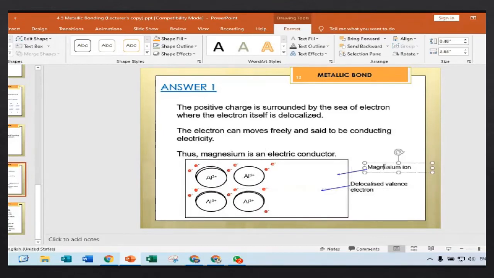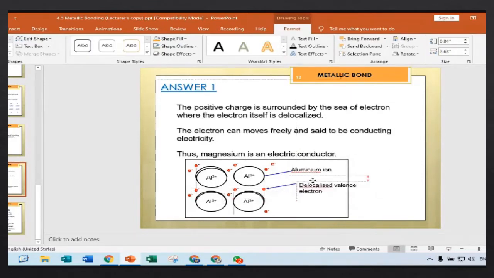Because I copy and paste over, you must label: this one is aluminium ion, and this is all the delocalized valence electrons. And then you make the box smaller. So this is the answer for 6A. Okay, 6B. Explain why the boiling point of calcium is higher than potassium.